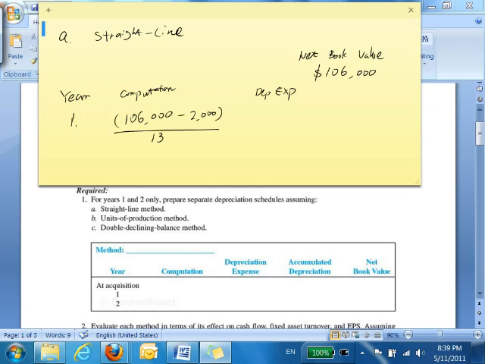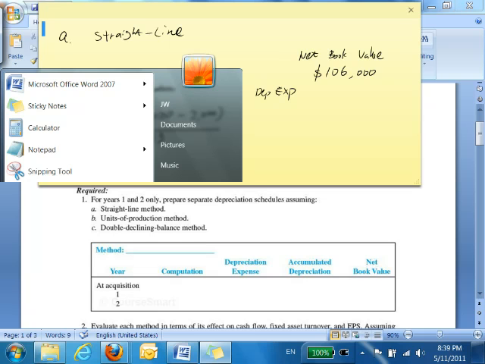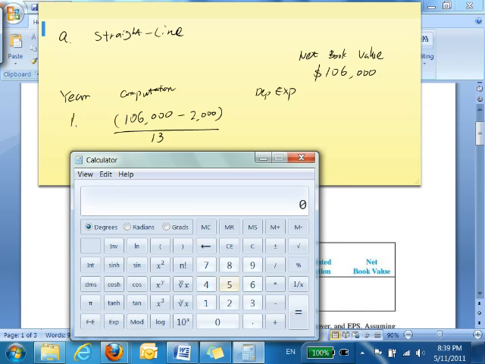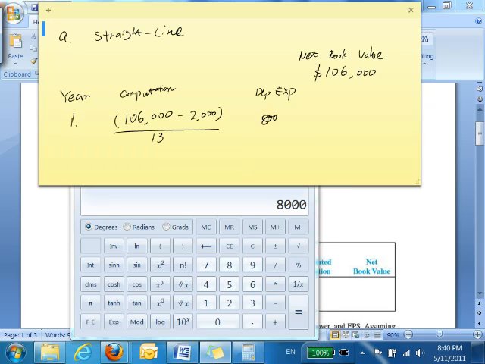Let's do the calculation. 106,000 subtract 2,000, we get 104,000, divided by 13. What do we get? $8,000 per year.